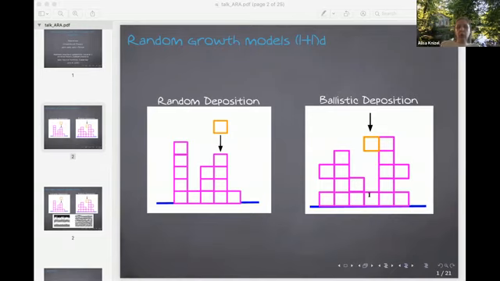The model on the right is called the ballistic deposition model. It was introduced in 1959 by Vold, and it's supposed to be a much more realistic model. Another name for it is the sticky block model. As before, blocks fall according to i.i.d. exponential waiting times.